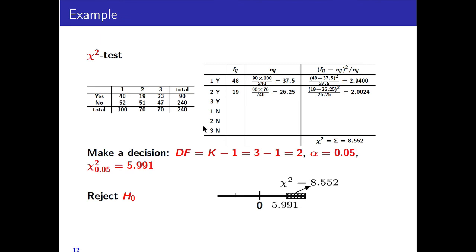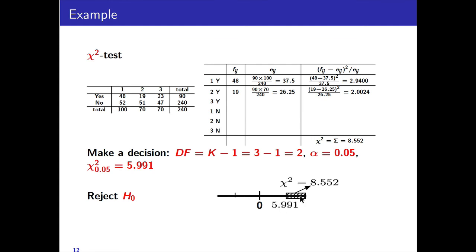8.552. Now, step number 3, we need to make a decision. We have 3 proportions, or say 3 populations, and the degrees of freedom will be 3 minus 1, which is 2. From your chi-square table, with alpha equal to 0.05, this chi-square 0.05 is 5.991.